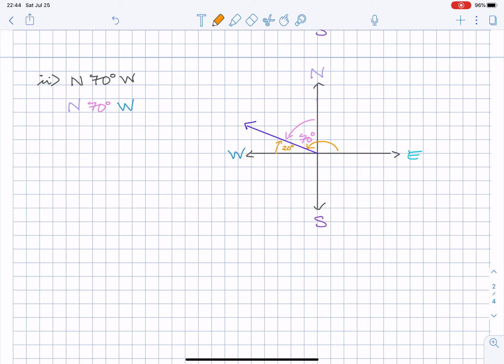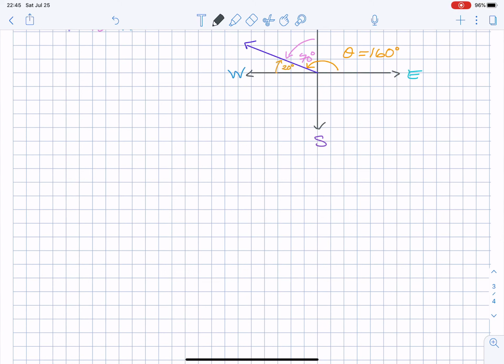Well, I know if I were to go from east to west, that's 180, so I'm 20 degrees shy of 180. That means I must be at 160. Okay, so theta in standard position here is 160.